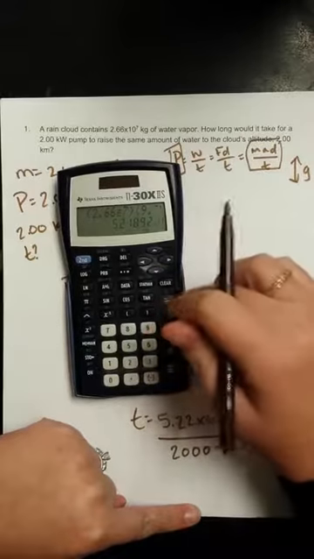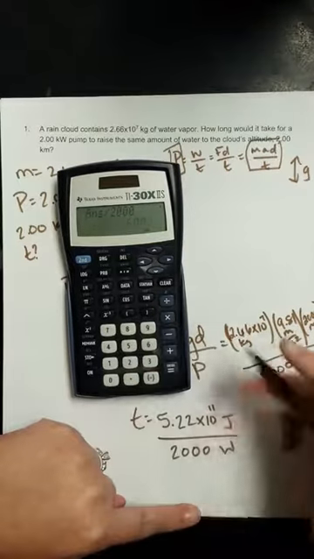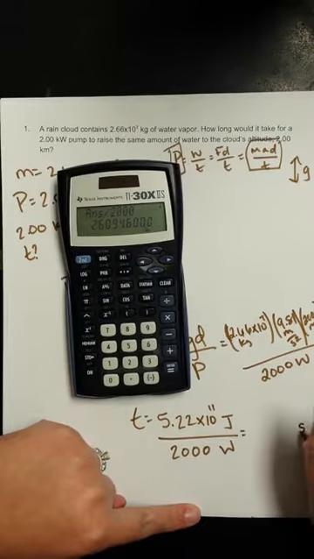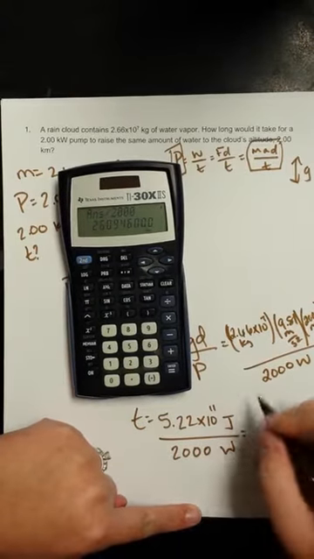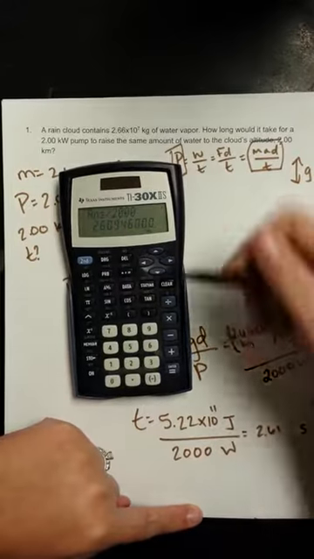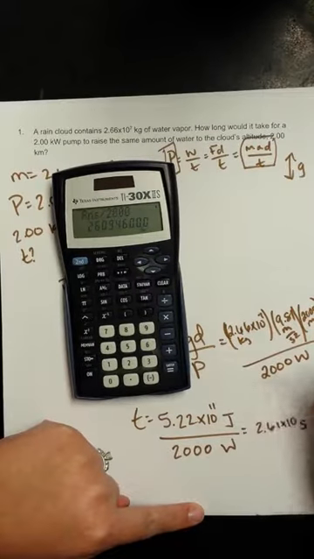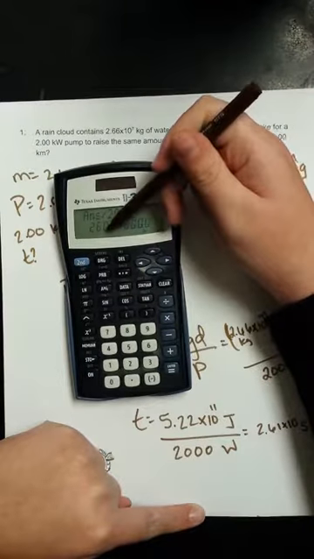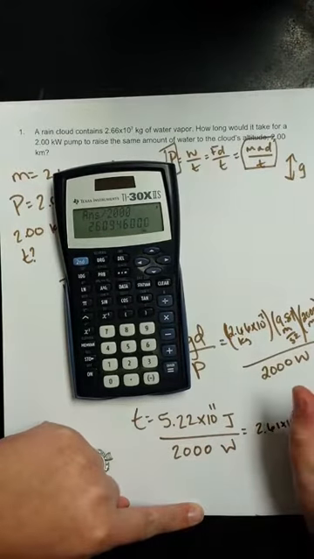So we're going to take that and divide it by 2,000. Joules divided by watts will give us seconds, and we should get 2.61 times 10 to the 8th.